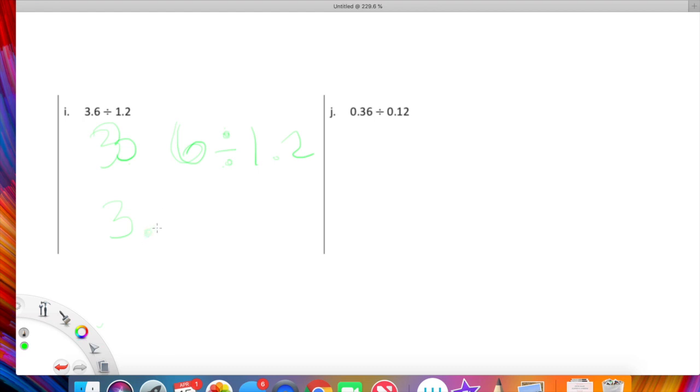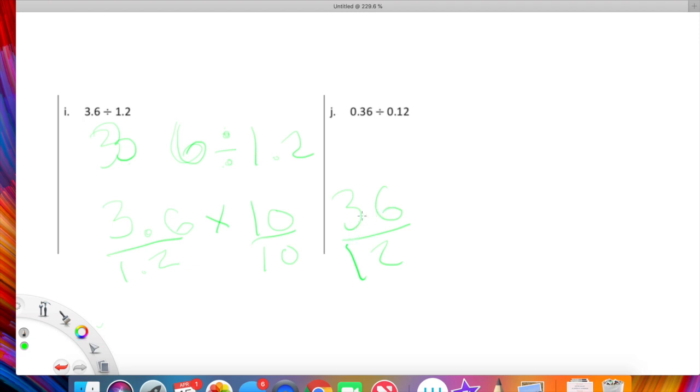3.6 over 1.2, and then you times it by 10 tenths because the 1.2 is in the tenths place, and that is 36 twelfths.